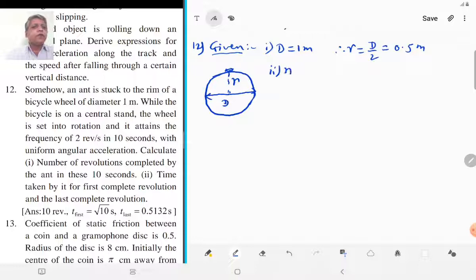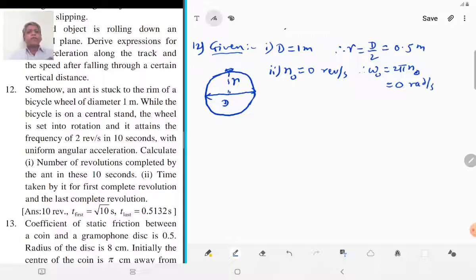Initial frequency n0 is equal to 0 revolutions per second. Therefore, its initial angular velocity omega0 is equal to 2 pi n0, that is equal to 0 radian per second.